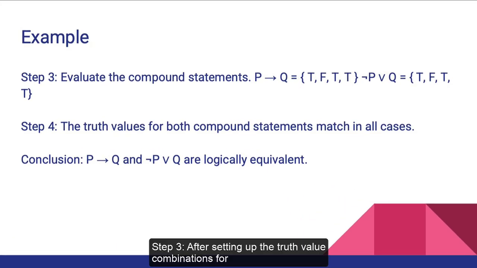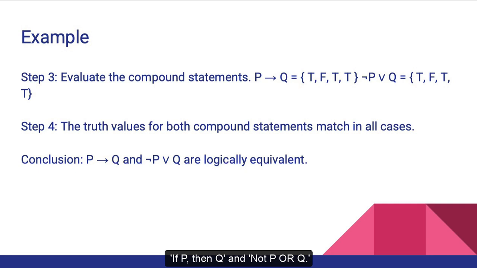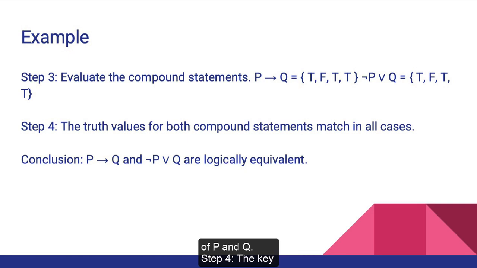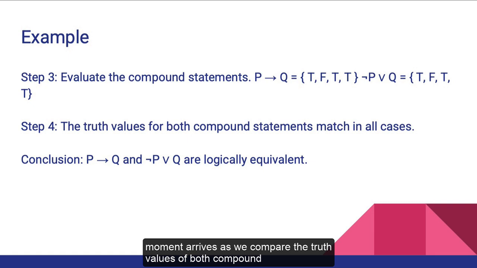Step 3. After setting up the truth value combinations for P and Q, we evaluate the compound statements, if P, then Q, and not P or Q. When we do this, we find that their truth values are true, false, true, true for the respective combinations of P and Q. Step 4. The key moment arrives as we compare the truth values of both compound statements.